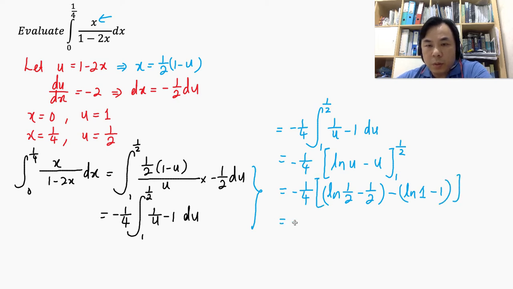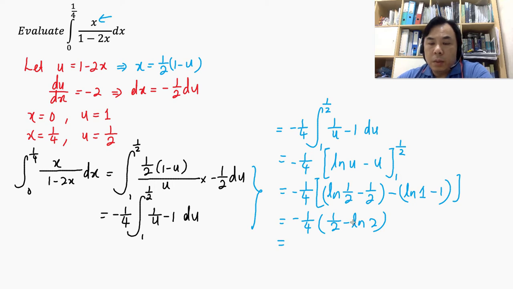Okay, so from here, we know that ln 1 is 0, so therefore we are only left with positive 1. 1 with this negative half will become a half itself. And then this one we can change to negative ln 2, so there will be half times negative ln 2 in this case.